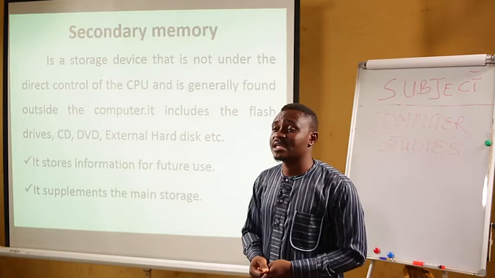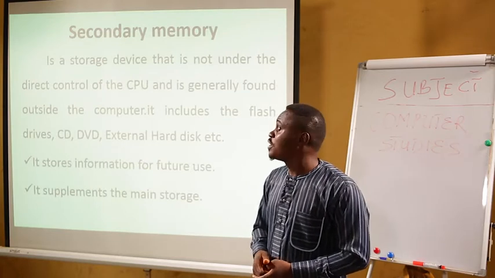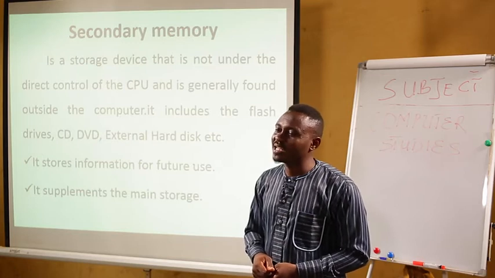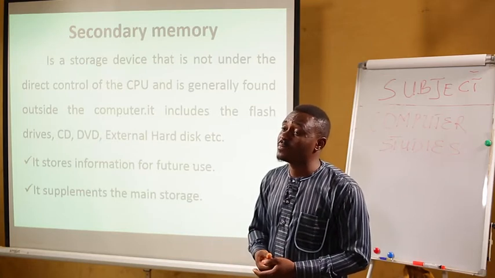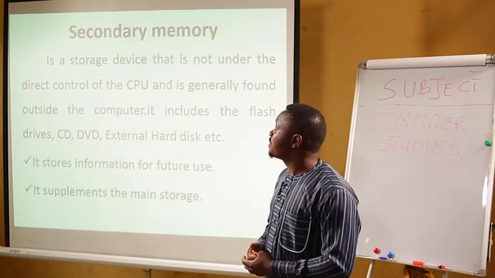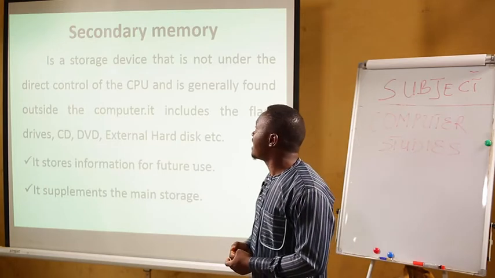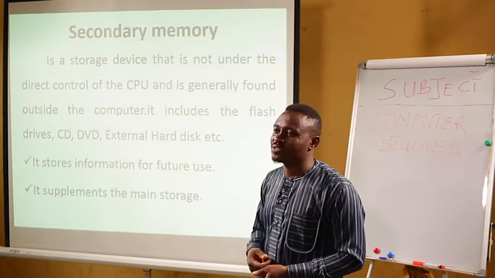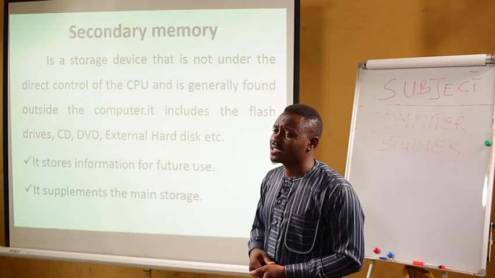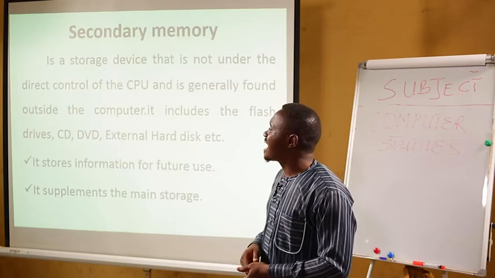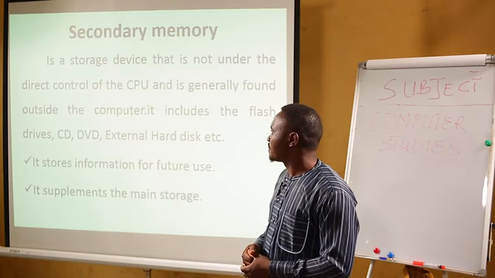Then we go to the second type of memory, which is the secondary memory. We had discussed the first type, which is the primary memory, and we said it's made up of the RAM and the ROM. The secondary memory is a storage device that is not under the direct control of the central processing unit, that is the CPU, and is generally found outside the computer.